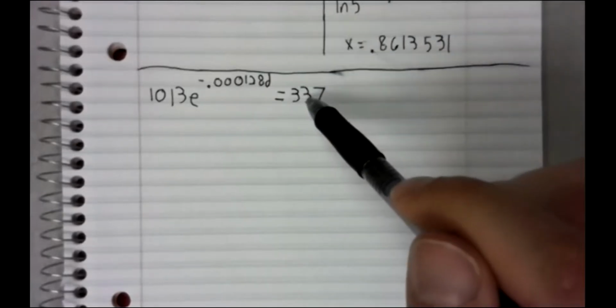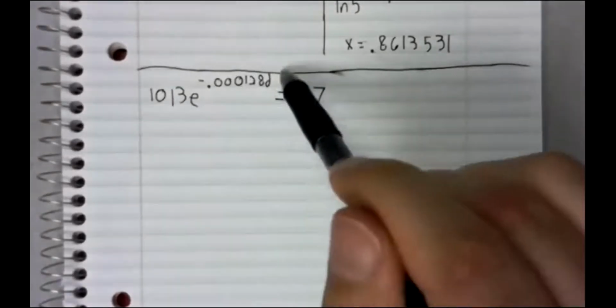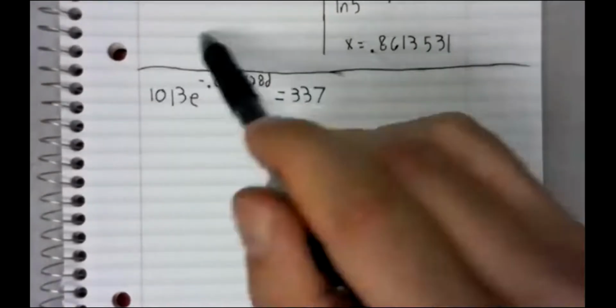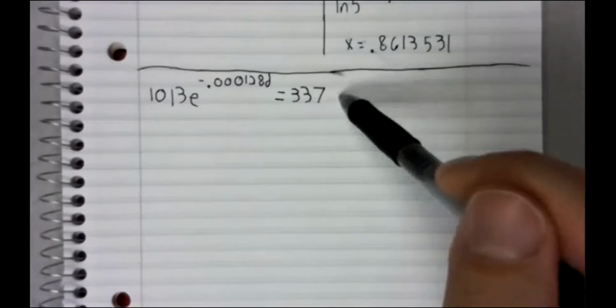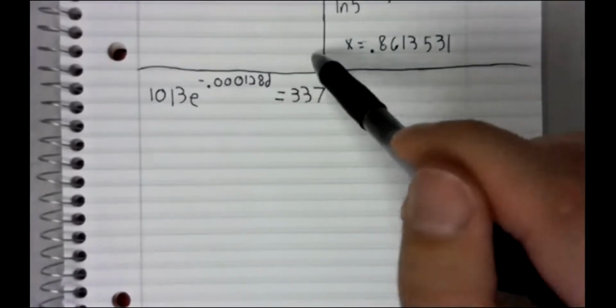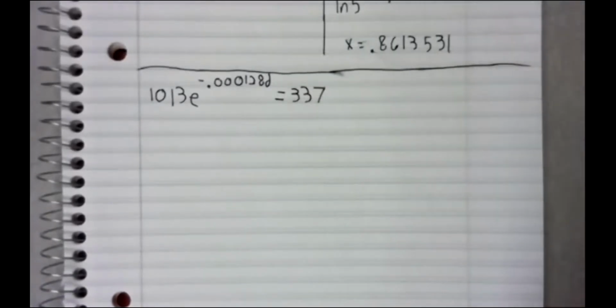And we want to find where the atmospheric pressure is 337. That is to say, we want to solve this equation.